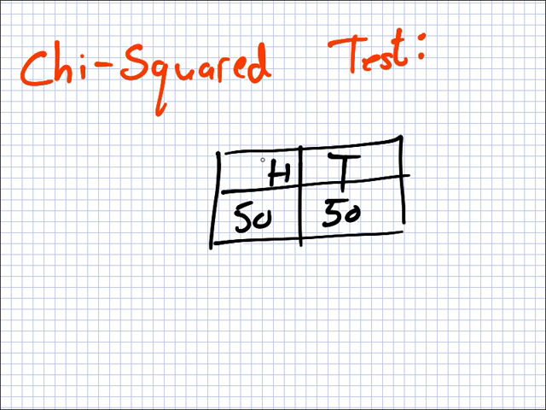Not reject it. What about if it was, say, 55-45? At some point, the numbers become so different to what we expected that we start to doubt the hypothesis. We could do the calculation, okay?